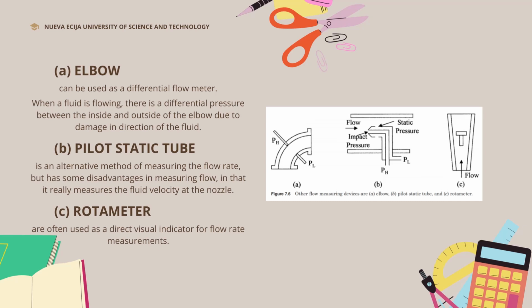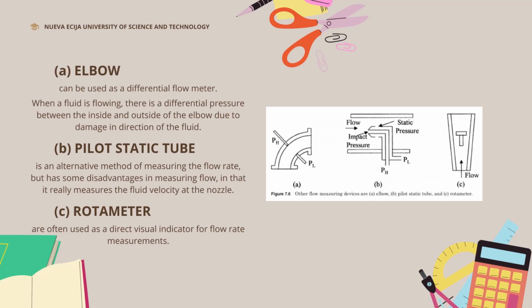Yung pangalawang drawing naman is si pitot static tube. Pitot static tube is an alternative method of measuring the flow rate, but has some disadvantages in measuring flow, in that it really measures the fluid velocity at the nozzle. Because the velocity varies over the cross section of the pipe, the pitot static tube should be moved across the pipe to establish an average velocity, or the tube should be calibrated for one area.